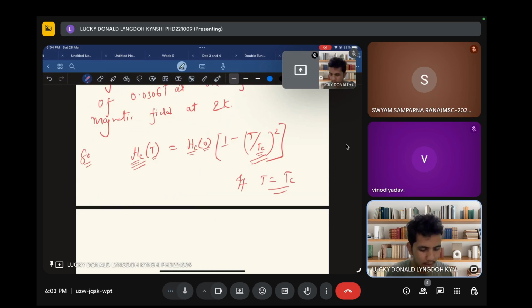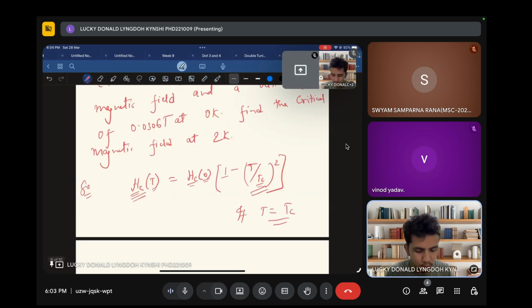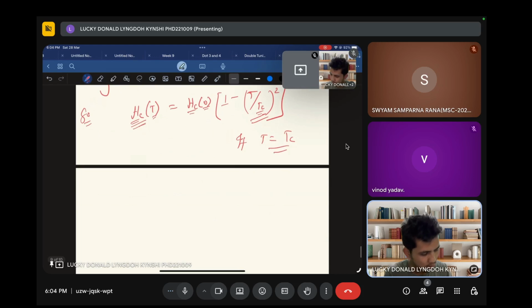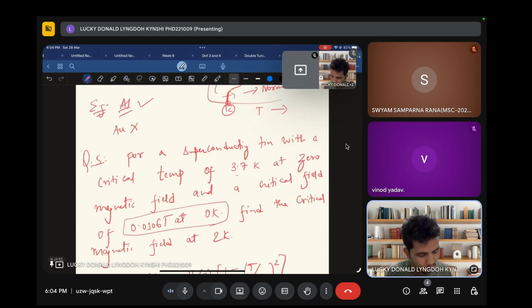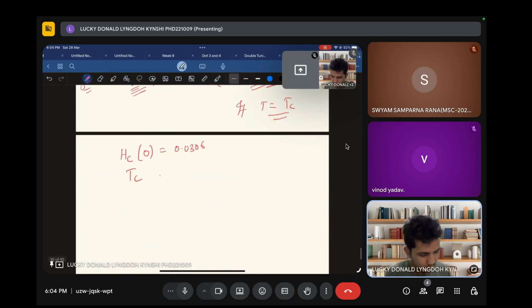So now, it is given to you that Hc naught, the critical field at 0 Kelvin, is 0.0306 Tesla, and your critical temperature is given to be 3.7 Kelvin, right?